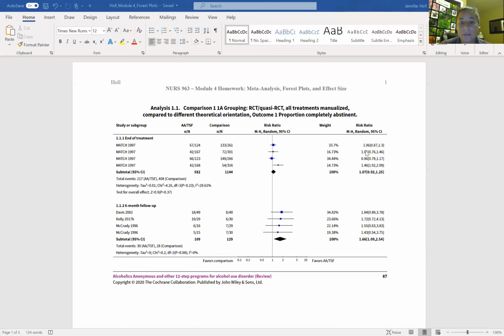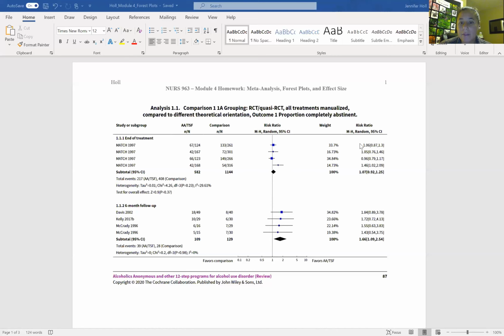And the way that that's represented visually here on this graphic is the size of the box. So I could tell right away that these two studies right here, number 1 and number 3, have the most influence on the results because the box is the biggest.